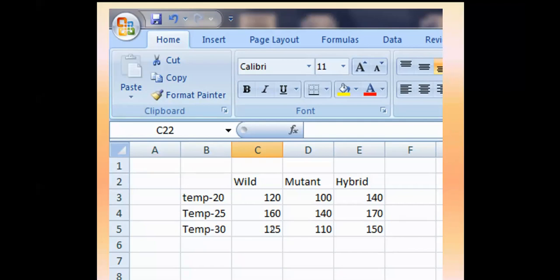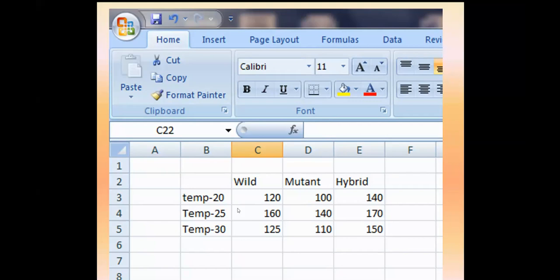So what is being shown here is that three different kinds of stocks are there, and they have been reared at three different temperatures. We have to see whether the number of eggs laid by females of these three stocks varies significantly, and whether temperature, whether 20, 25, 30 degrees, also influences the number of eggs laid by the flies.